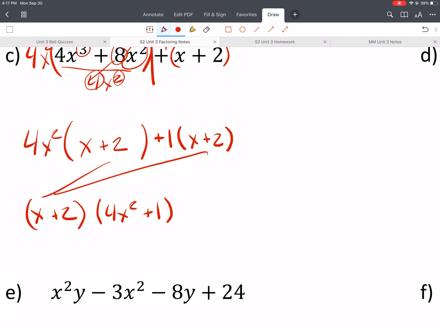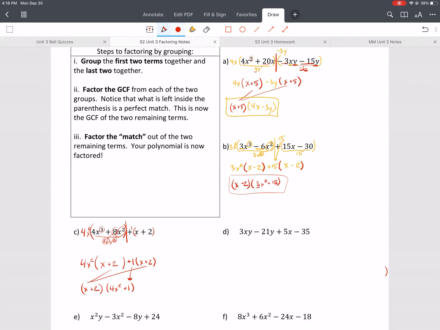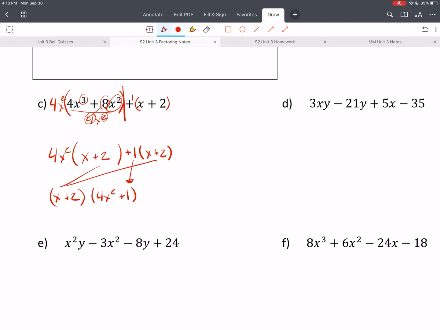This is why we have this plus 1, so that you don't forget. If you did it the long way, like over in A, then you should never have to worry about it. But when we do this, make sure you factor out something, whether it be just a number or just 1, then it will still work out just fine.